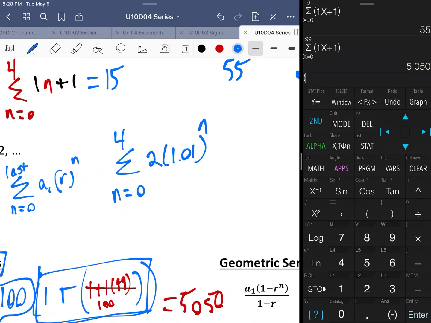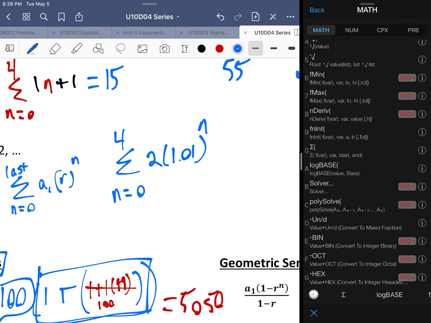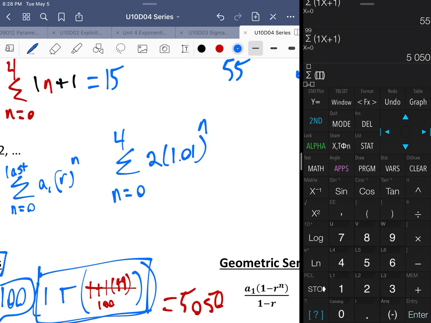So if I calculate this, I should get a certain amount. I'm just going to do this now with my calculator here. I'm going to type in math, and go to the summation. I'm going to write the formula, which is 2 times 1.01, whoops, I left out a 0, 1.01 to the power of x.